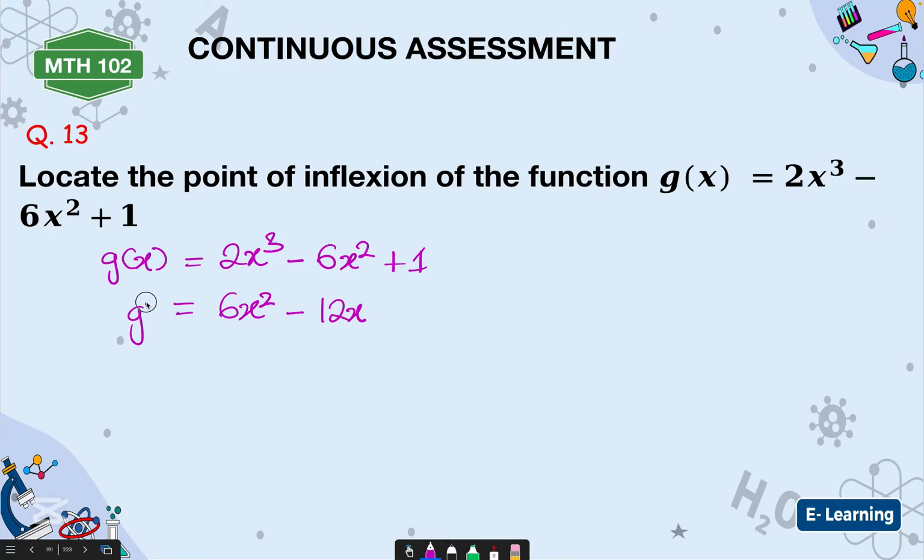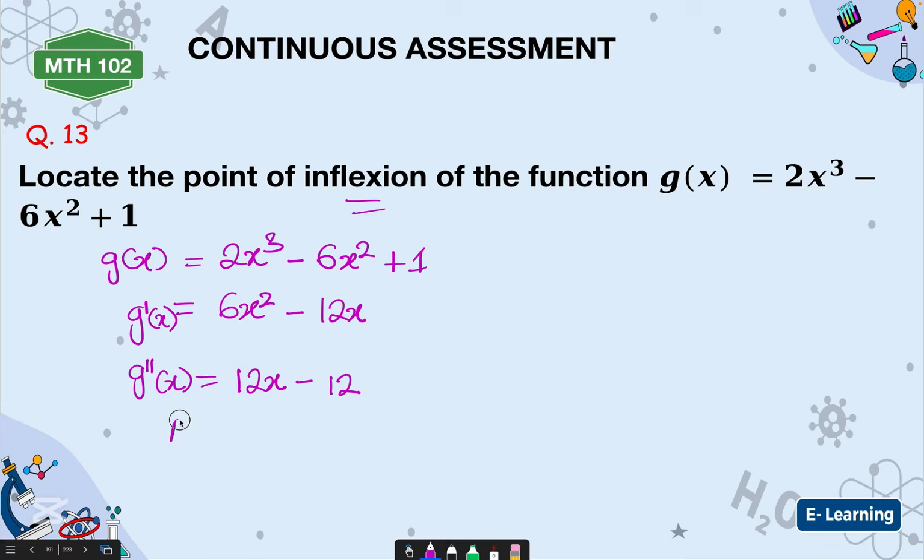This is our g prime, first derivative. So g prime prime of x would be, when you differentiate this, it's going to give us 12x minus 12. Now we said the point of inflection is that point whereby this should give us 0.